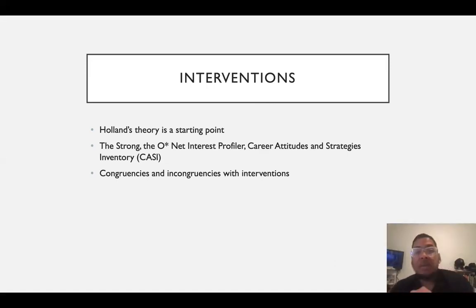And then lastly, the same way that we seek congruencies, incongruencies also tell a lot, because when you have an incongruency, that's how you know that's not what that person wants. So you can also get a lot of career information from someone's incongruency.